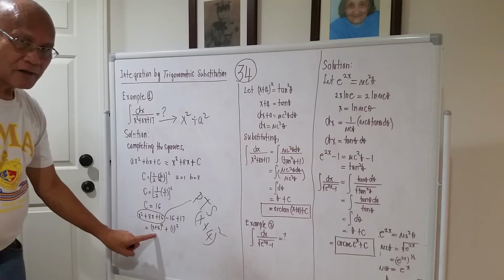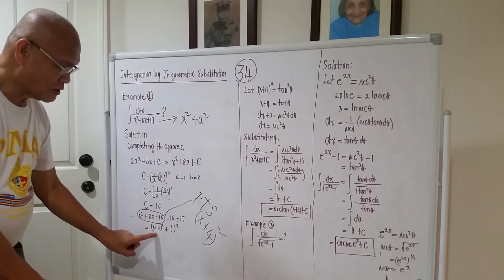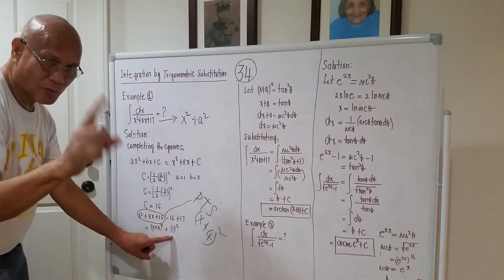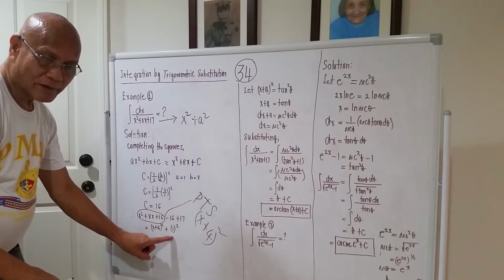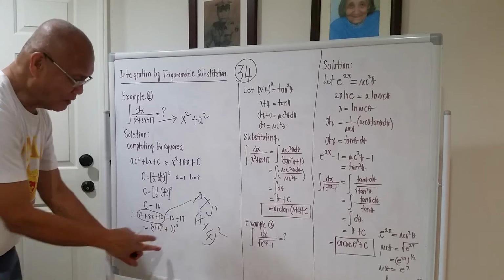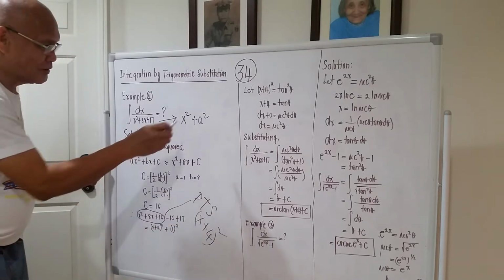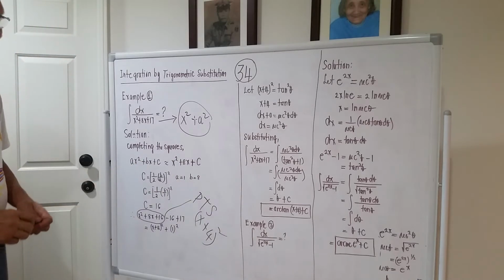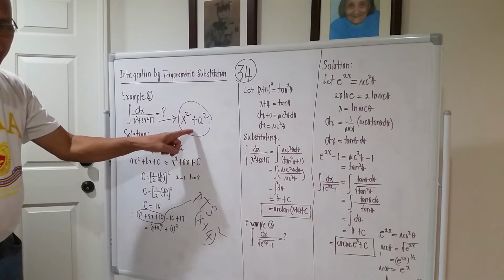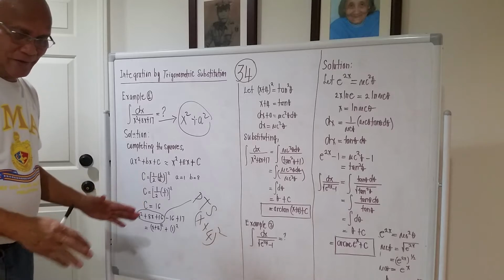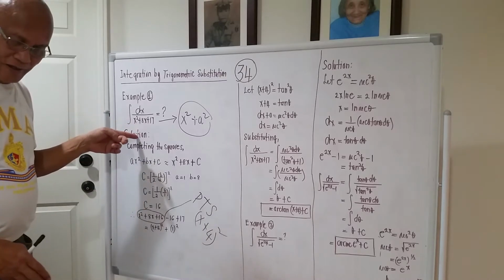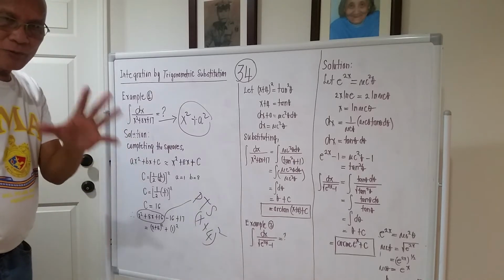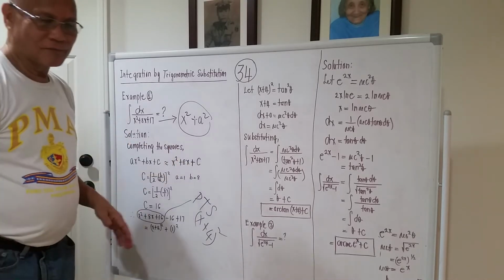So I place it here: x plus 4 quantity squared, minus 16 plus 17 is actually 1. What is 1? 1 is 1 squared. So this is now of this form here. The sign is plus, and we got no radical sign. So this falls under the second case, tangent.